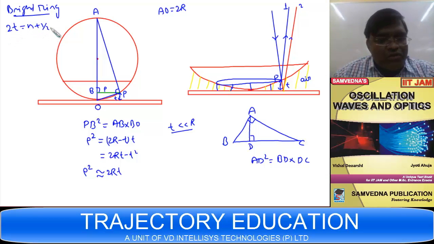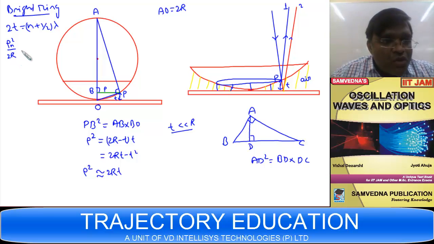Now for the bright ring, you have the condition 2T equals n plus half lambda. I hope you had this condition, right? So 2T will be written as rho n square upon R, corresponding to nth maxima, or radius of the bright ring corresponding to nth maxima.